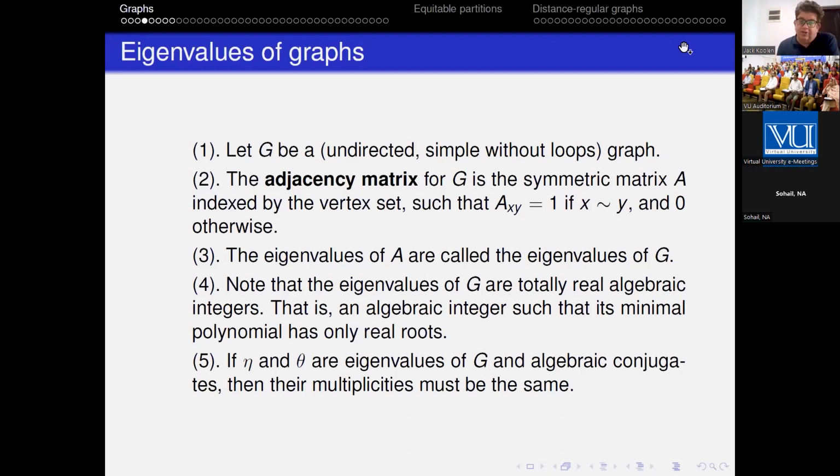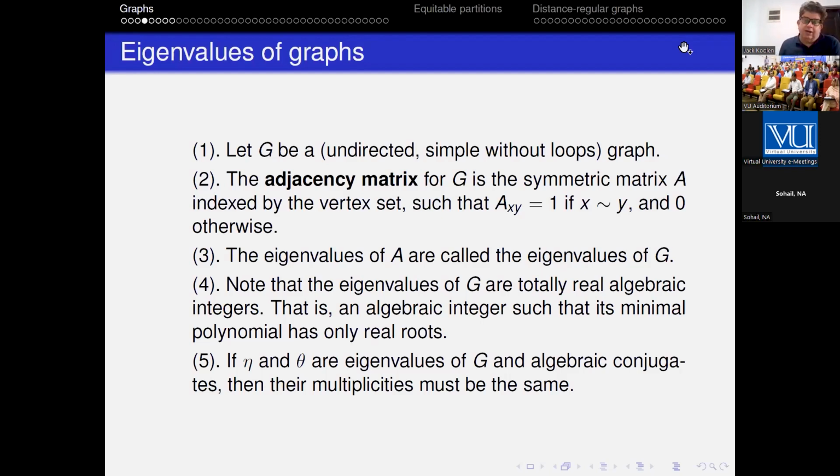A totally real algebraic integer is an algebraic integer whose minimal polynomial has only real roots. So an example is the square root of 2, but if you take the third root of 2, then you also get complex roots. So that is not a totally real algebraic integer.